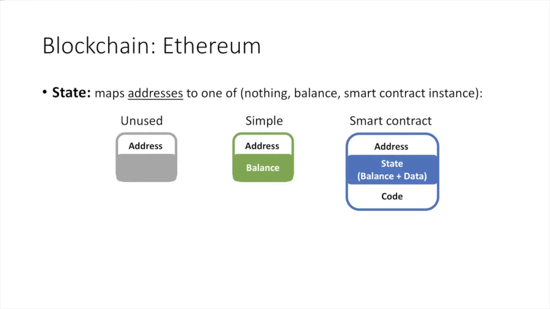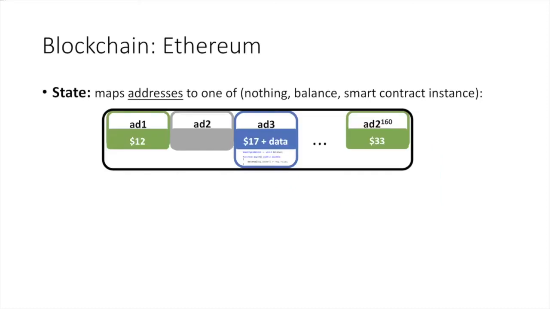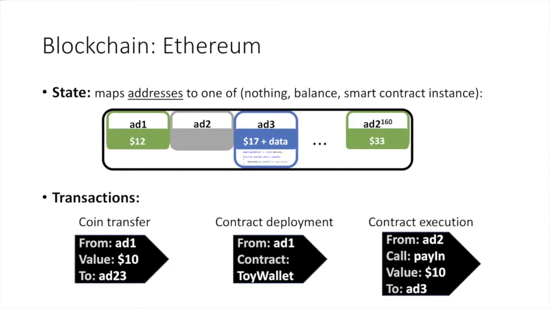In such an address, not only does it have a balance, but it has some data that captures the state of the smart contract, and it also has some code that manipulates and manages the digital assets that are controlled by this smart contract. We're going to represent the state of this blockchain by such a collection of addresses.